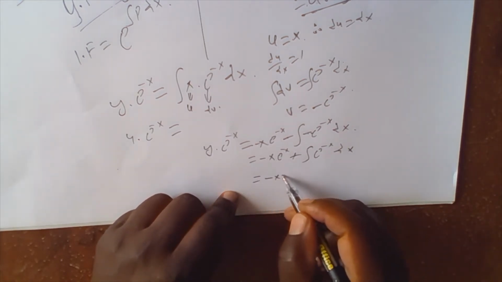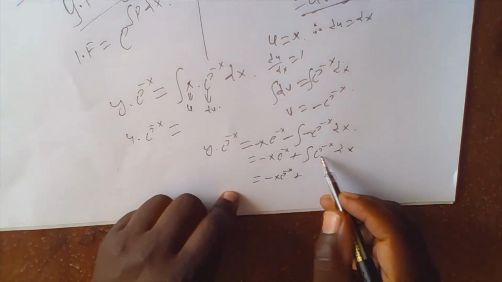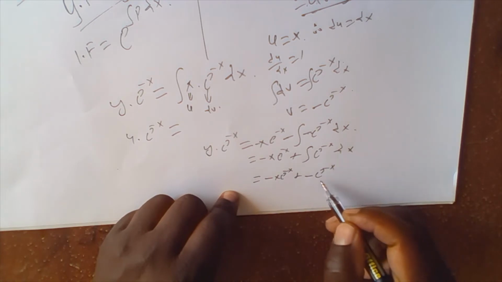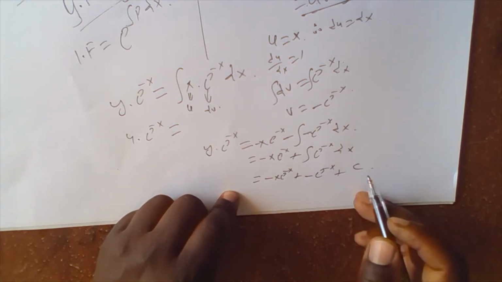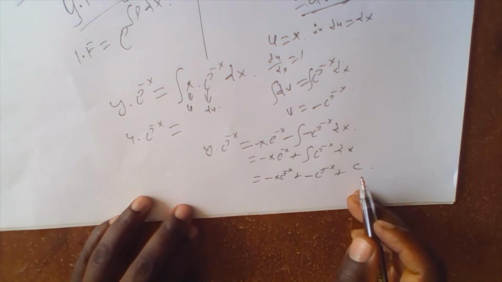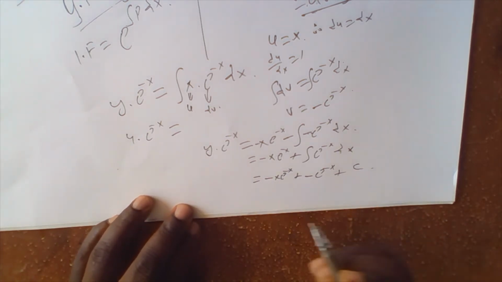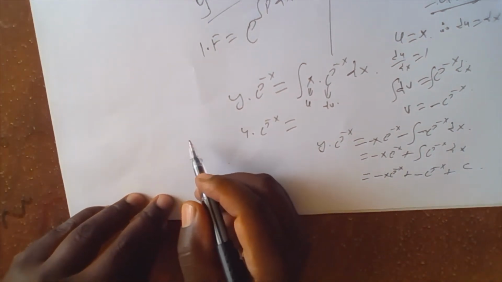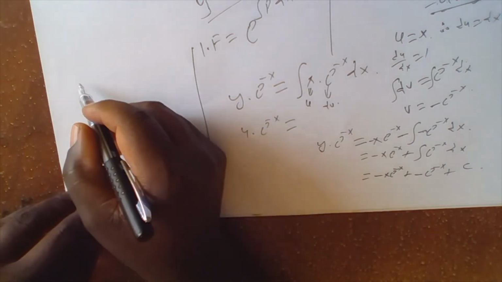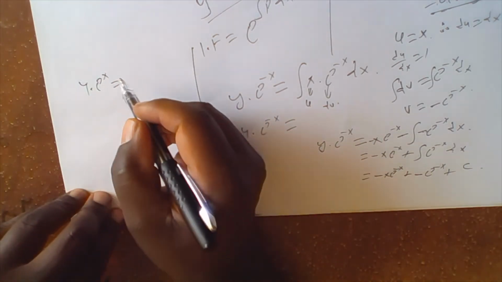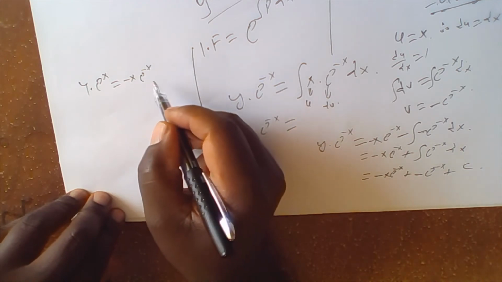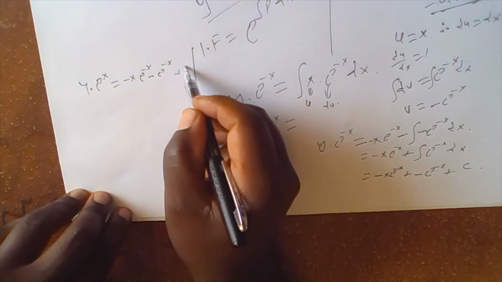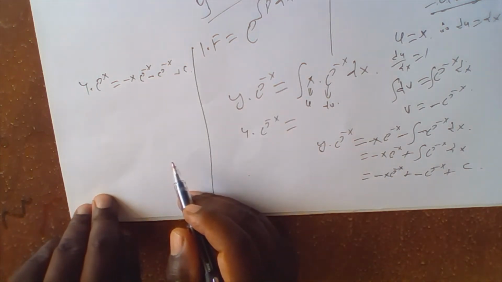This equals minus x exponent minus x plus, so when you integrate exponent minus x, you get minus exponent minus x, then plus a constant of integration. Therefore we are saying that y times exponent minus x equals minus x exponent minus x minus exponent minus x plus a constant of integration.